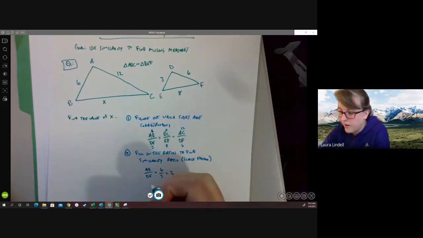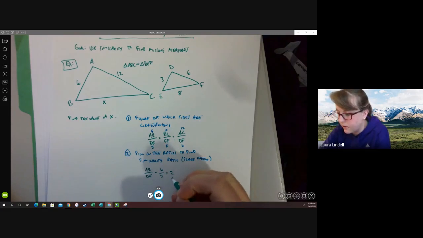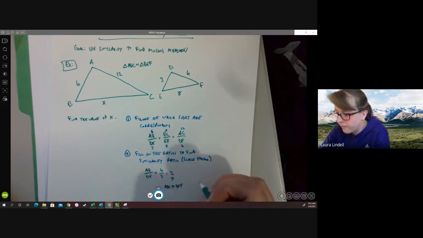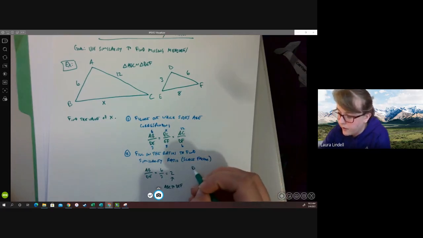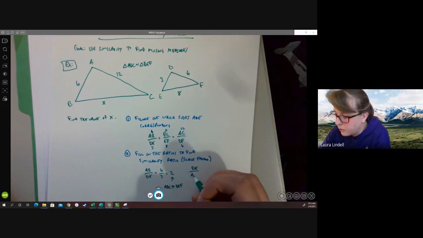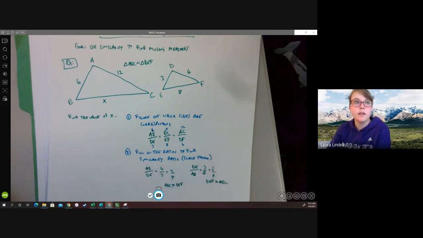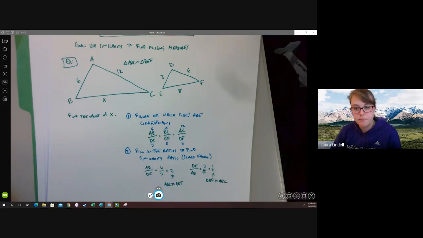In this case, this is the similarity ratio of ABC to DEF. If you did it the other way around, if you did DE over AB, you would get 3 over 6, which is 1/2. And that's the similarity ratio for DEF to ABC. So that's another thing that we talked about yesterday. So these are our similarity ratios, or our scale factors.